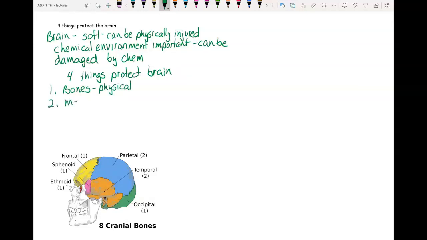You also have meninges. The meninges are 3 layers of membrane, and they help with both physical and chemical protection.